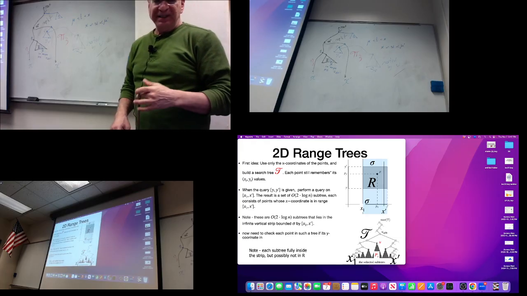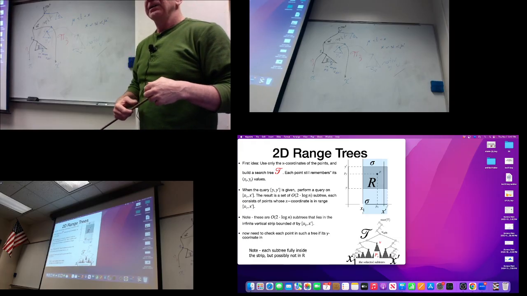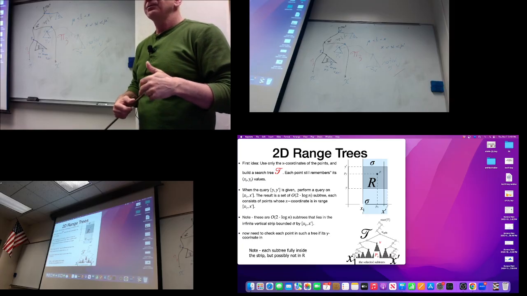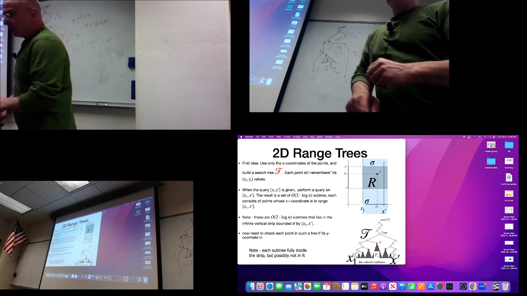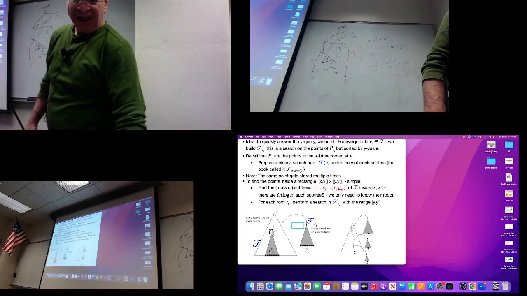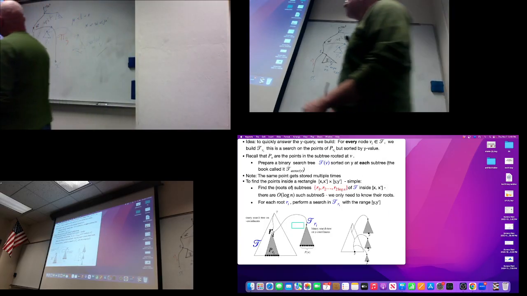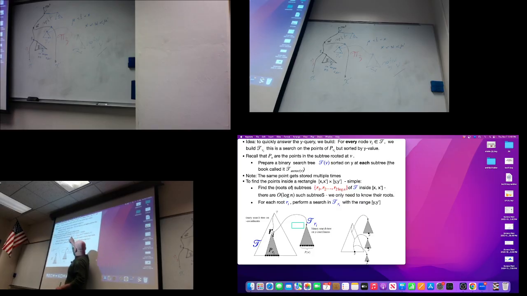So what would be the overall search time? Scale of reporting, but how many subtrees do I actually need to see? I need to check in the main subtree log n roots of subtrees that are all in the range of X. And for each one of them, do another search that takes log n by itself.